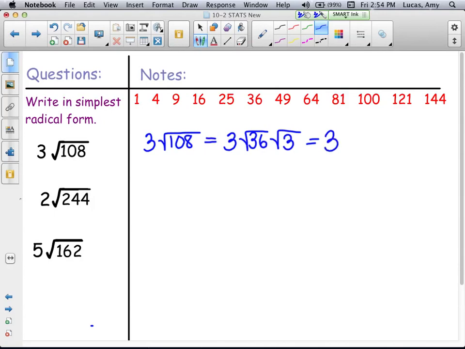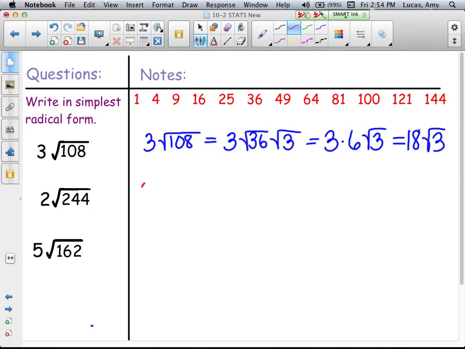And then the square root of 36 is 6. So the 3 that was in front of my radical at the beginning has to get multiplied now by the 6 that I got from the square root of 36. So my final answer is 18 times the square root of 3.